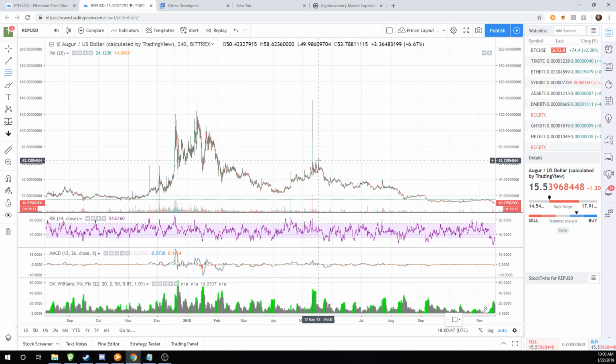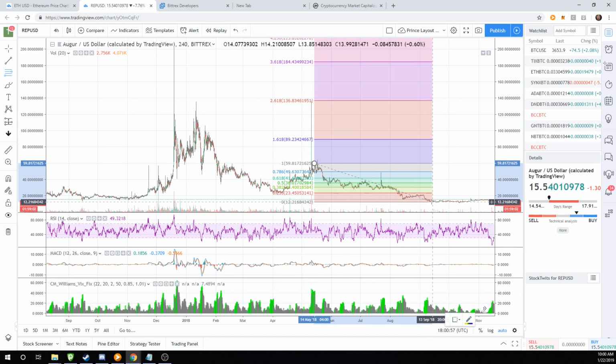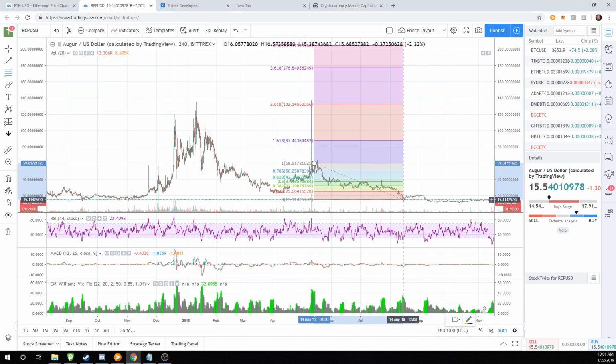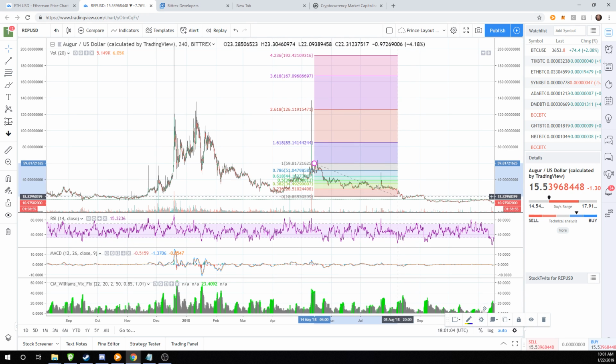I'm gonna do what we always do, which is take that nice fibro tool, but I'm not gonna pay any attention to this noise right here. I'm just going to take this nice, solid, tested motion right here, all the way down to here. I'm not even going to take it that far back.